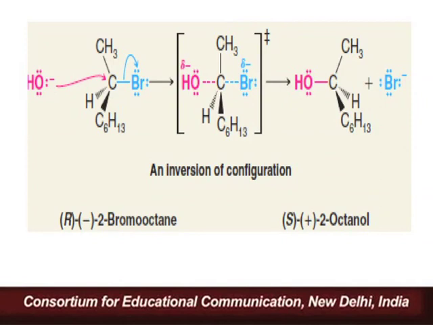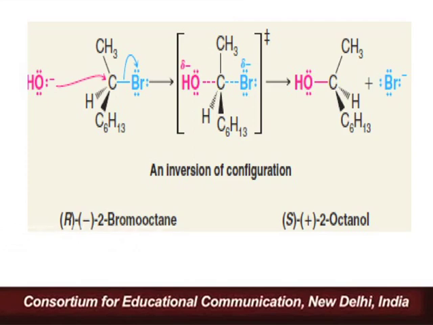As you can see on your screens, the strong nucleophile, the hydroxyl anion, attacks the electrophilic carbon at 180 degrees to the bond which is being cleaved between carbon and the bromide anion.